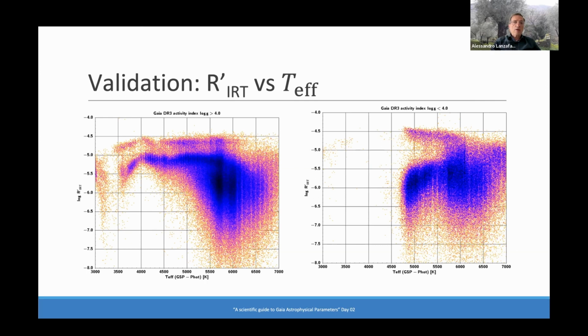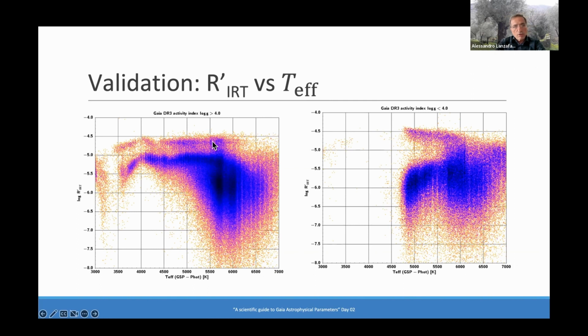On the left, we have the results for log G larger than 4, and on the right, we have the results for log G less than 4. It is obvious here that we have a very high activity branch, and these are all pre-main sequence stars.